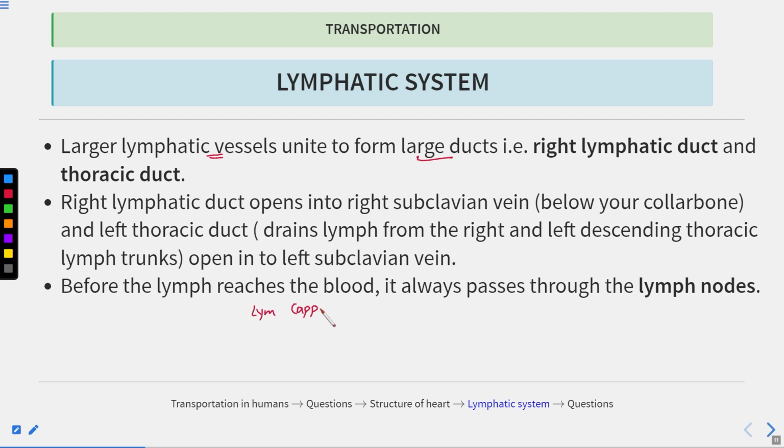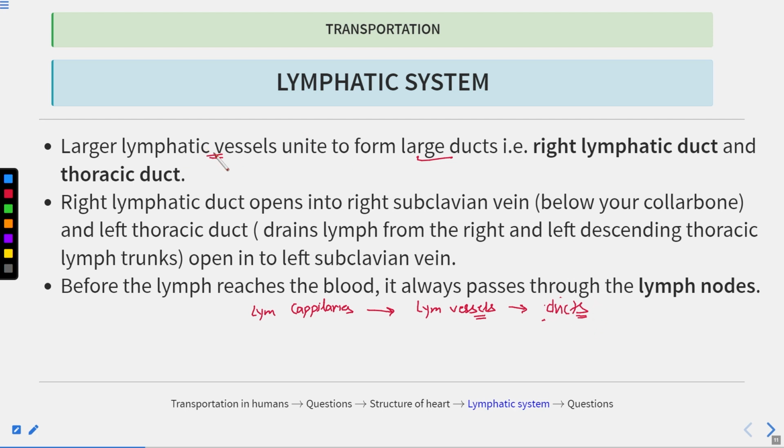These unite to form lymphatic vessels. These lymphatic vessels combine to form larger vessels, and these vessels then combine to form the ducts.